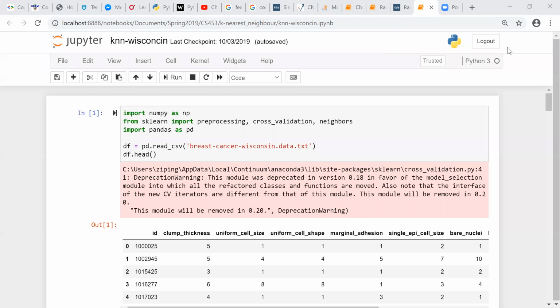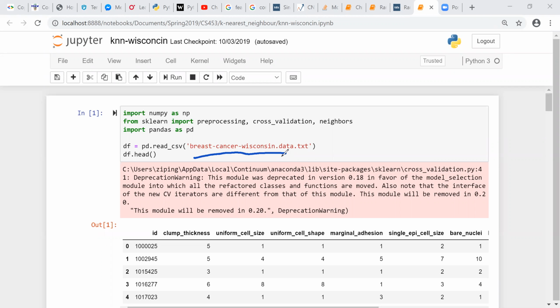Example is here. Okay, so this is our example. For this example, the data set is about breast cancer from the Wisconsin data.